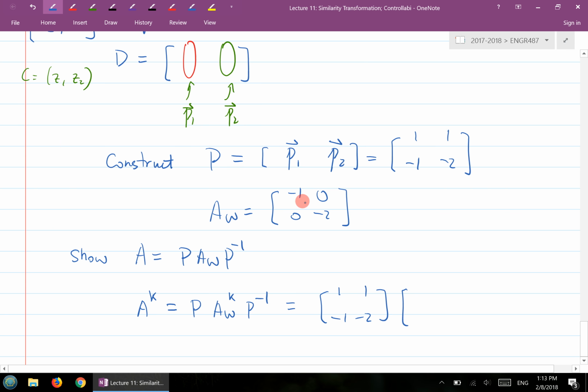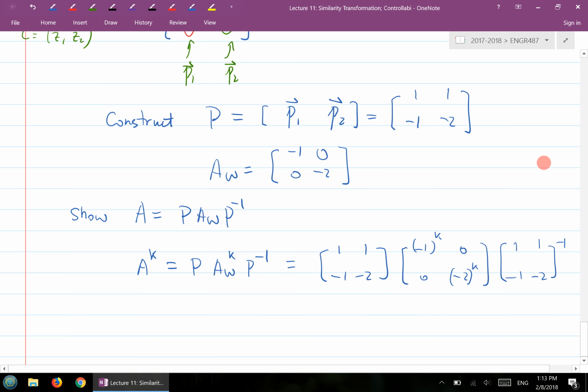The diagonal matrix is -1 to the power of K, 0, 0, -2 to the power of K. Then you calculate P inverse. It's a 2 by 2 matrix, so you can calculate the inverse easily. This matrix multiplication is not too bad. Then you get the same results as we did in the previous lecture. So try it.